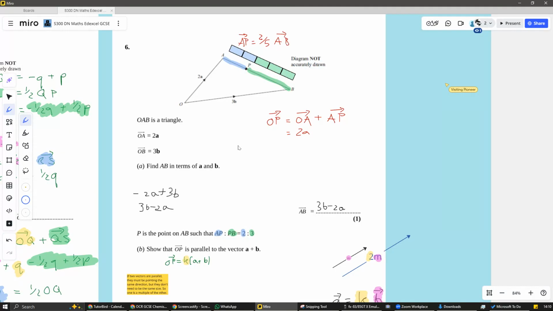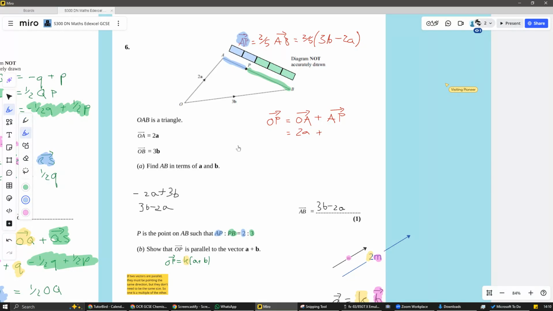And in the previous part, we worked out what A to B is. So therefore, A to P, so again, just to highlight here, the blue part is going to be 2/5 of 3B minus 2A. Okay, so now we can put this bit into here.